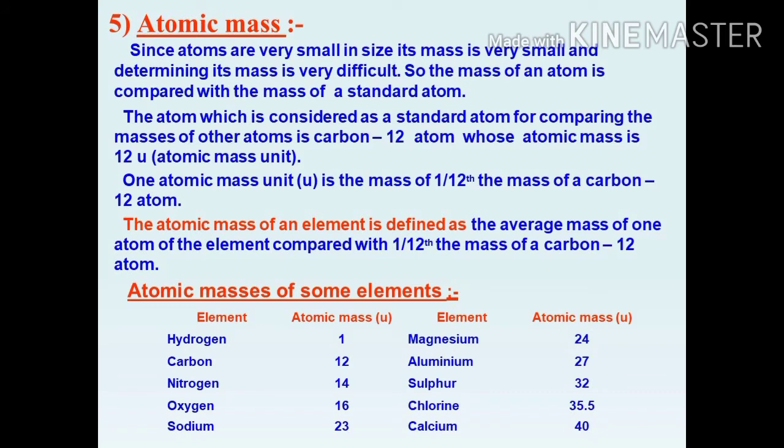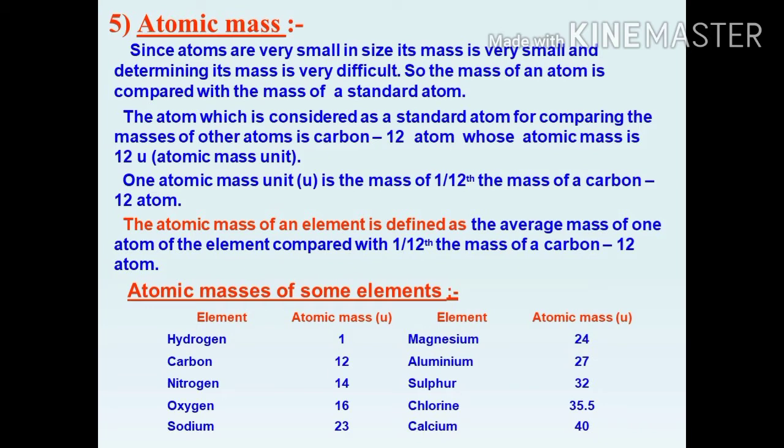What is an atom? Atom is the smallest constituent unit of ordinary matter. Since atoms are very small in size, its mass is very small, and determining its mass is very difficult, isn't it? What is mass?